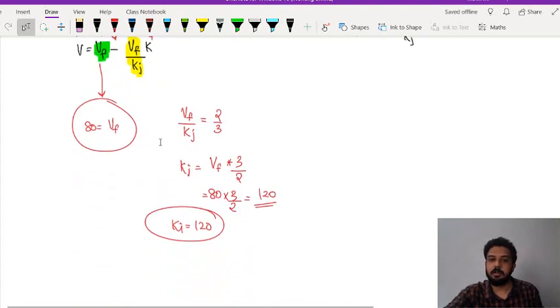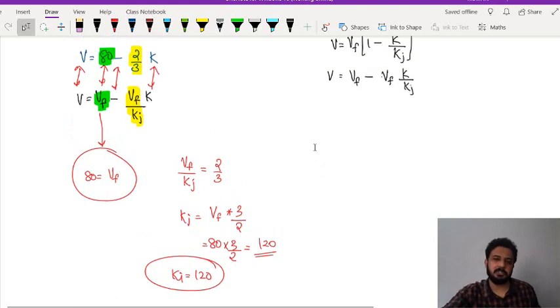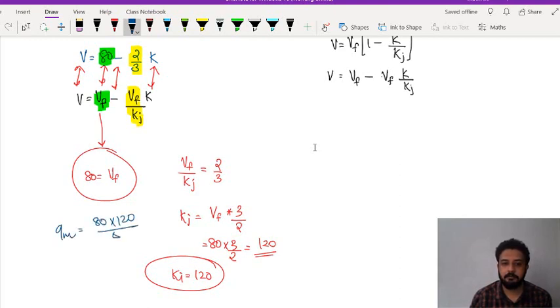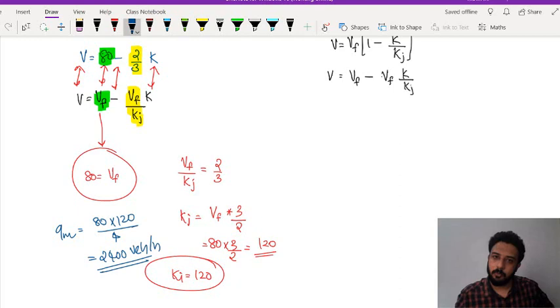Here also we got Vf equal to 80, Kj equal to 120. So any procedure you can use. This is actually simpler. Just by writing the equation, you can take directly the value of Vf and Kj. Then you can find Qmax, nothing but 80 into 120 divided by 4, 2400 vehicles per hour. That's it, very simple.